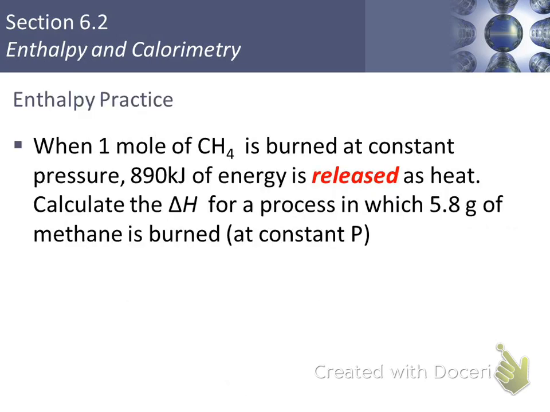All right. When 1 mole of CH4 is burned at constant pressure, 890 kilojoules is released. Calculate the delta H for a process in which 5.8 grams of methane is burned.